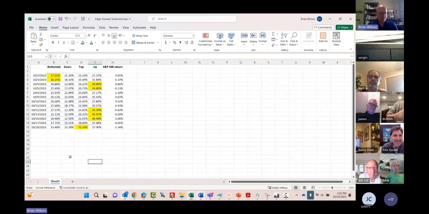What you're looking at is just a pivot table, looking each day at stocks that have bottomed in the market, down, topped, and then moving higher. And I look at this information every day. So the takeaway here, if something's happening in the background that you should be aware of, we will definitely let you know.